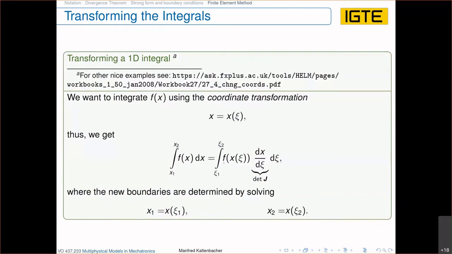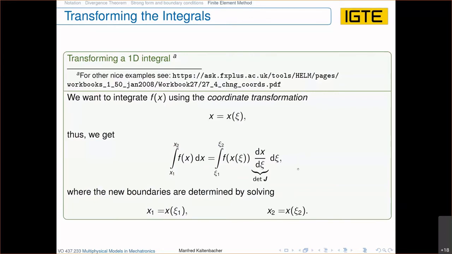The function f can be expressed by psi and eta. That is also what we have, because we have the basis functions as a function of psi and eta, and have to take the gradient with respect to psi and eta. And the determinant is simply in 1D just a derivative of x with respect to psi.